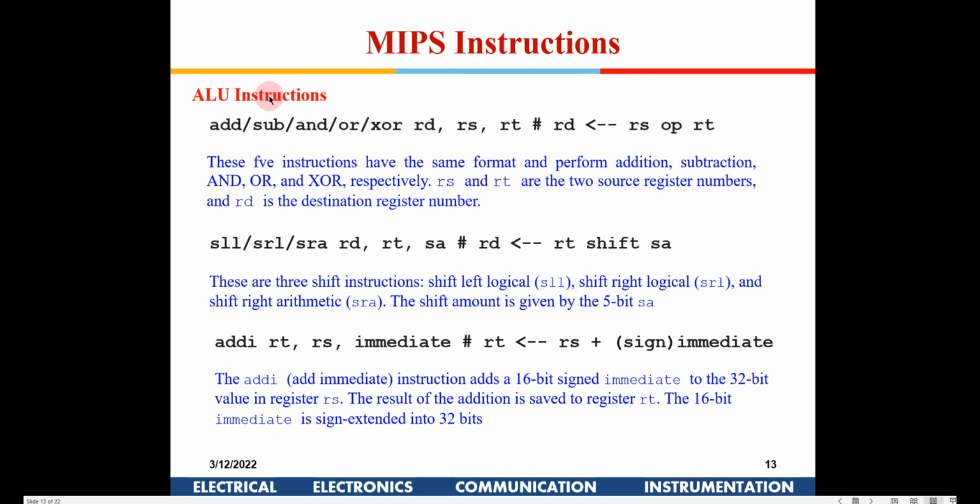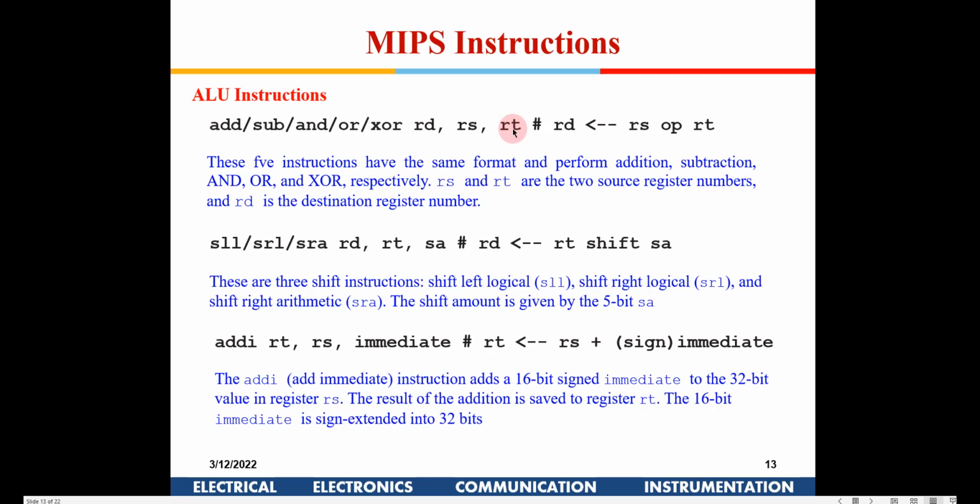So let's try and understand some basic instructions. You can write add, subtraction, and, or, XOR. These are some of the arithmetic and logic operations, and then you specify a destination register, a source register, and one more register.